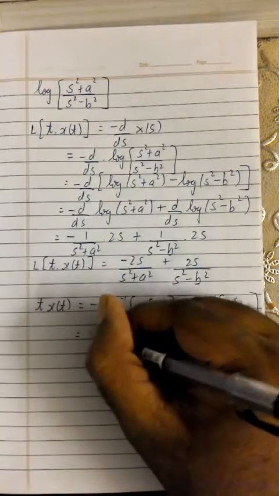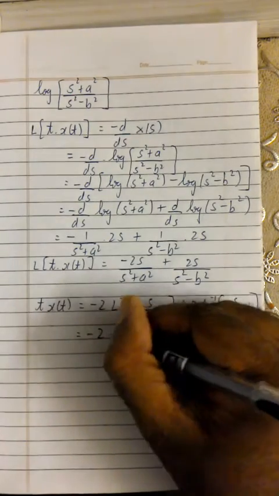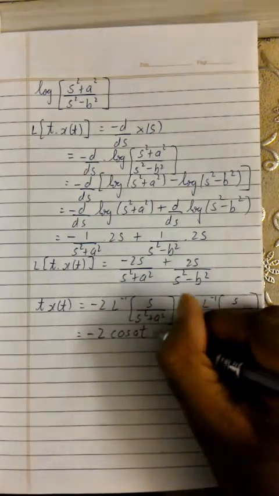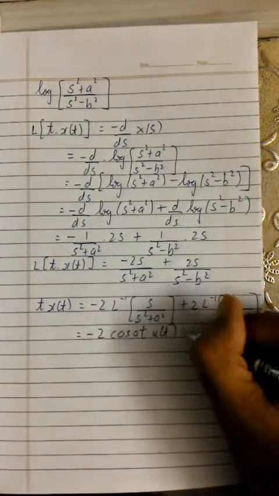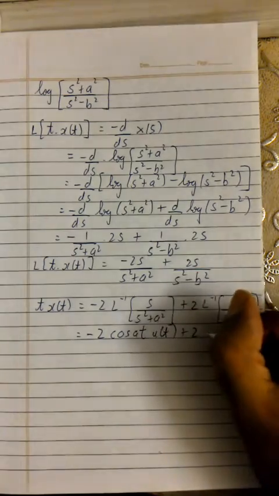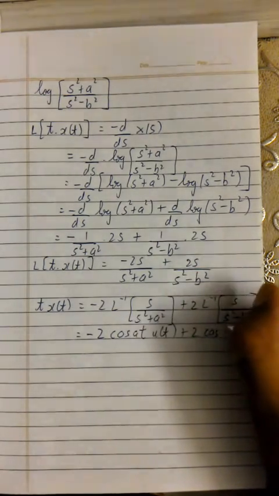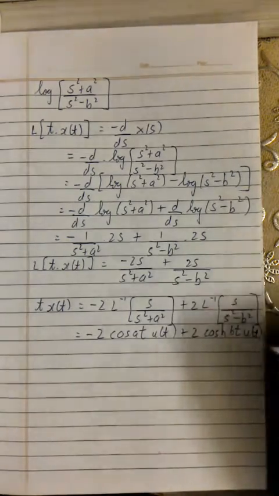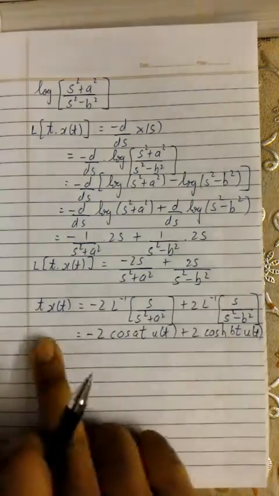So the answer is minus 2 cos at into u of t plus 2 into cosh bt into u of t. So therefore this is t into x of t.